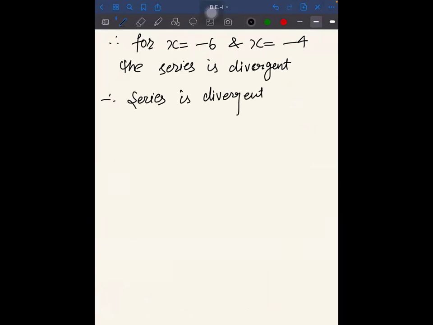So therefore the series is divergent when mod x plus 5 is greater than 1, and in fact equal to 1 as well. Why? Because it is divergent at these points as well. You got my point? So there is no such value for which the series is absolutely or conditionally convergent.